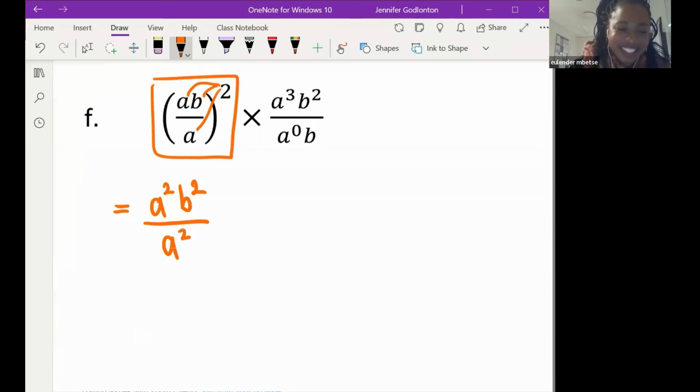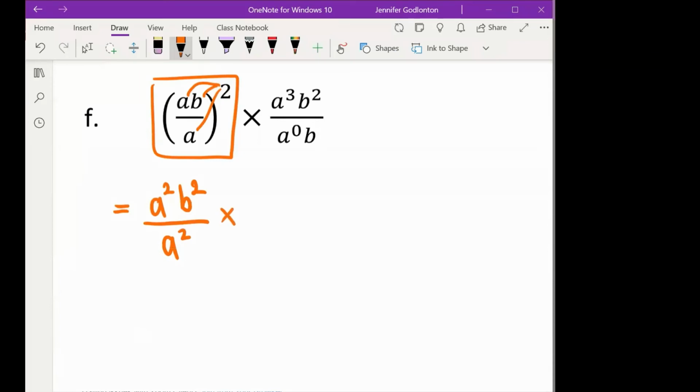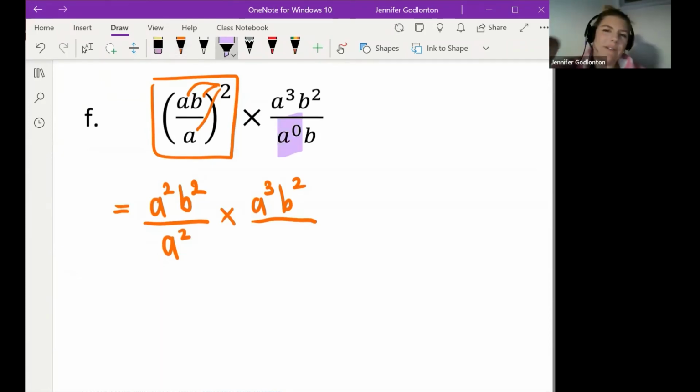So far, that's perfect. And then we multiply that with the other fraction, which is a to the power of 3 and b to the power of 2 over a to the 0, and b. So what can I do instead of that a to the 0? Do I need to write it?